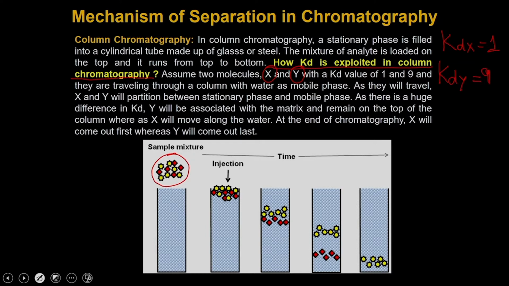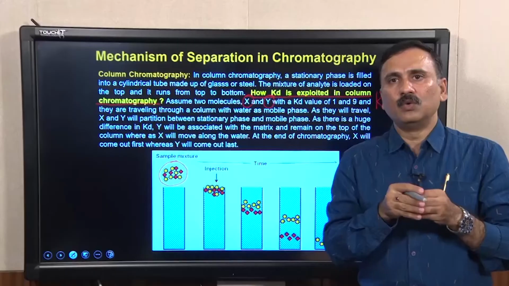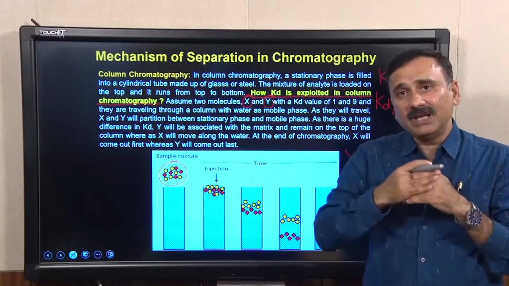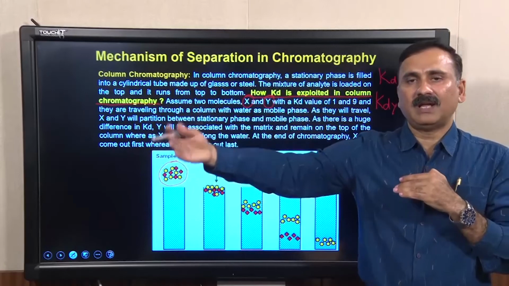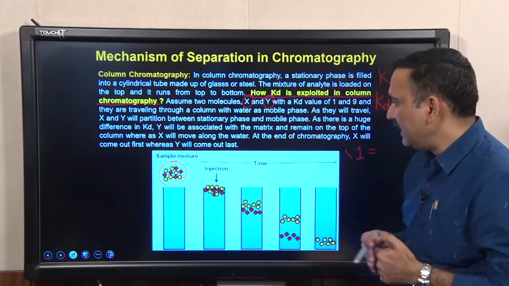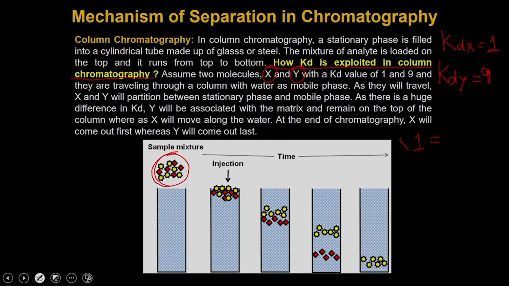If the Kd value is 1, it means that for every ml of the mobile phase, the molecule is going to be distributed evenly between the stationary phase and the mobile phase. If I load the X and Y mixture onto the column, as the molecules run through the column, they distribute between the matrix and the mobile phase.